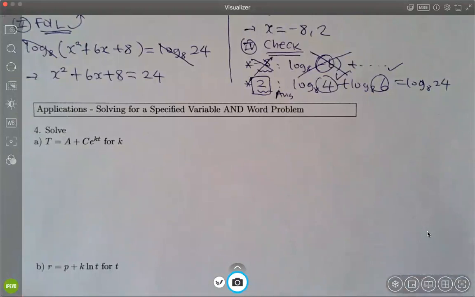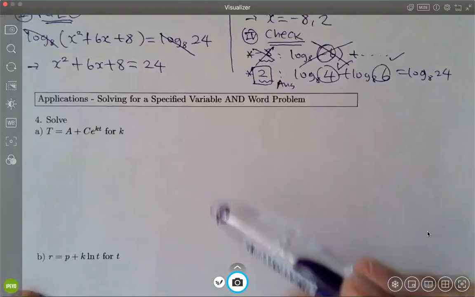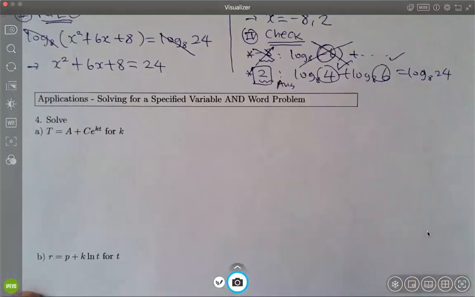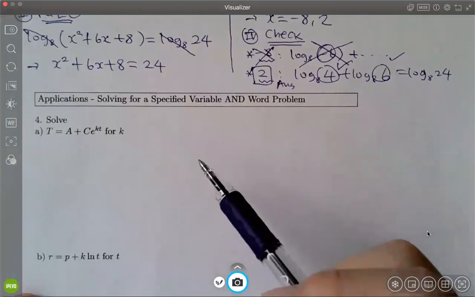Okay, now, the thing is, these problems tend to bother people because, one, exponential and log equations are themselves tricky, but not only that, there are like 1,000 letters per equation, so that kind of bothers people.